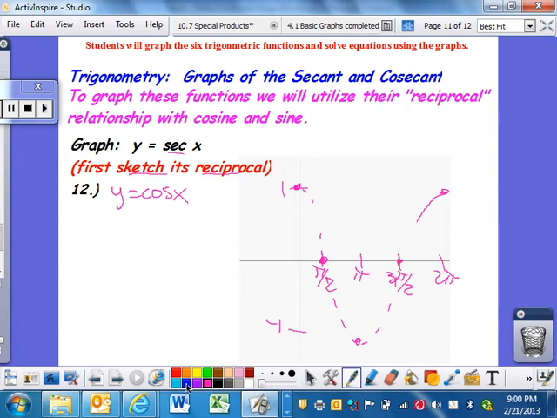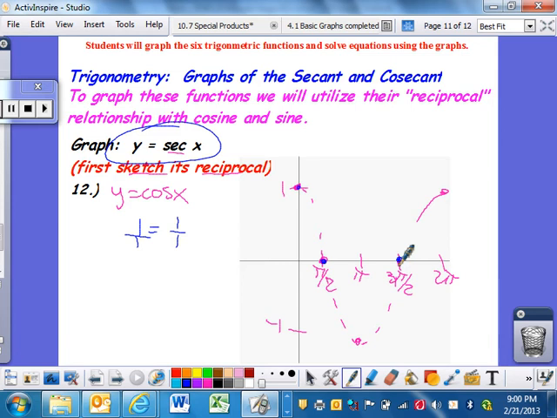Now, what happens to actually graph the one we want? What happens at these coordinate points? So, at 1, okay, is that going to change at all? Think about it. Secant at 0, okay, is 1. If you flip 1, it's still 1 over 1. That doesn't change. What's important are these coordinate points that are at 0.